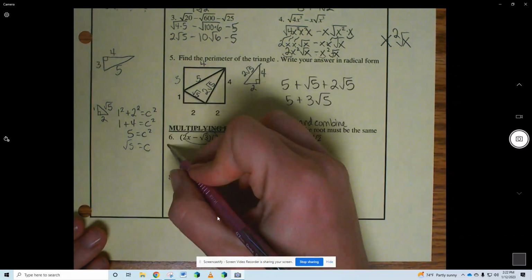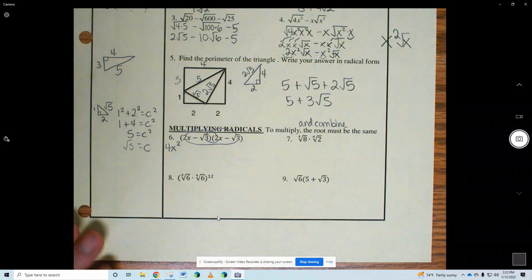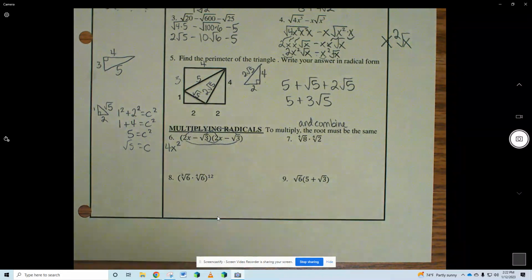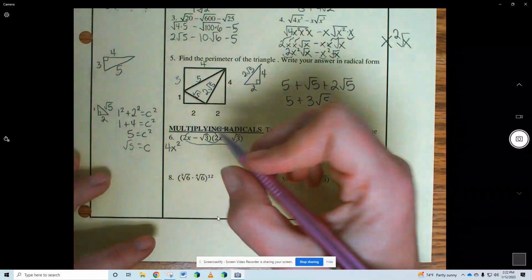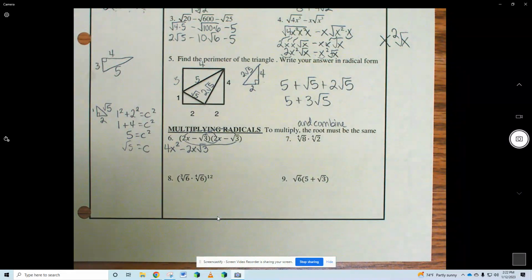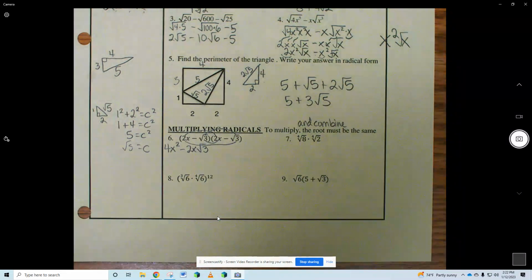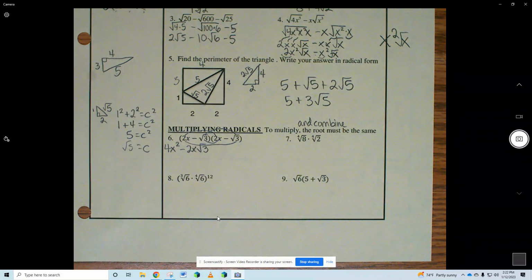Okay. So I started with 4x squared. And then I did outside, minus 2x rad 3. So the 2x is going to go in front of the rad 3. I wouldn't put it after because I don't want someone to think that the 2x goes inside the root. So I put it in front.